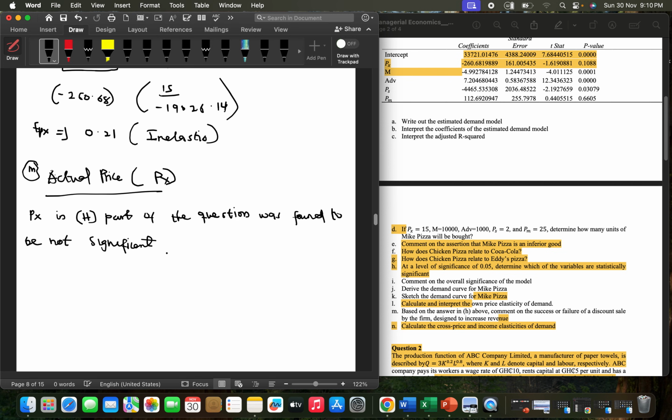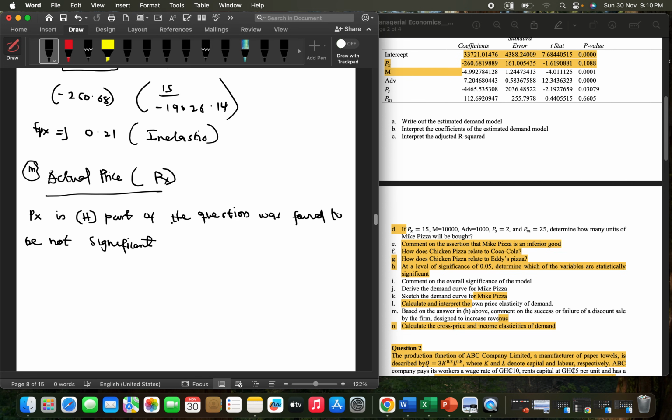Based on the answer in each above, comment on the success or failure of a discount sale by the firm designed to increase revenue. And I indicated that our focus is on what? PX, because we have PM as well, but the actual price of the product is PX. So it's PX we use to answer this part of the question.